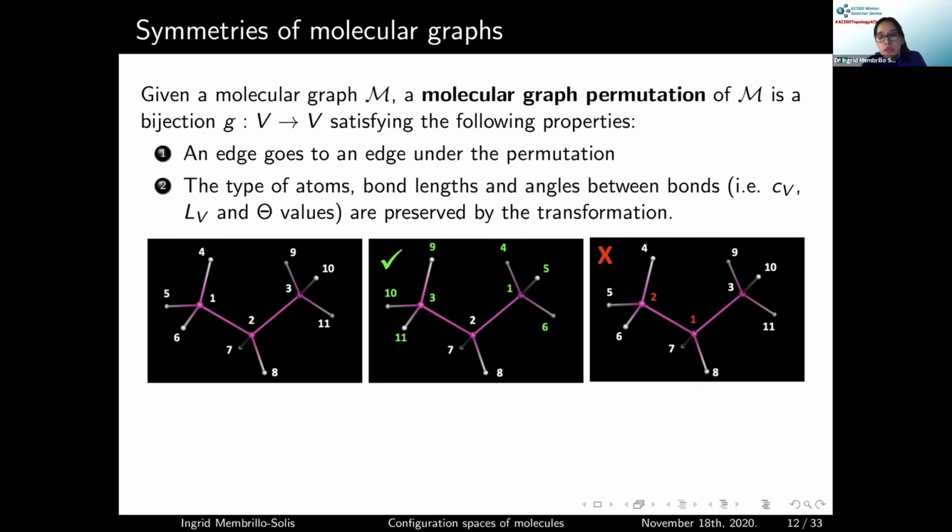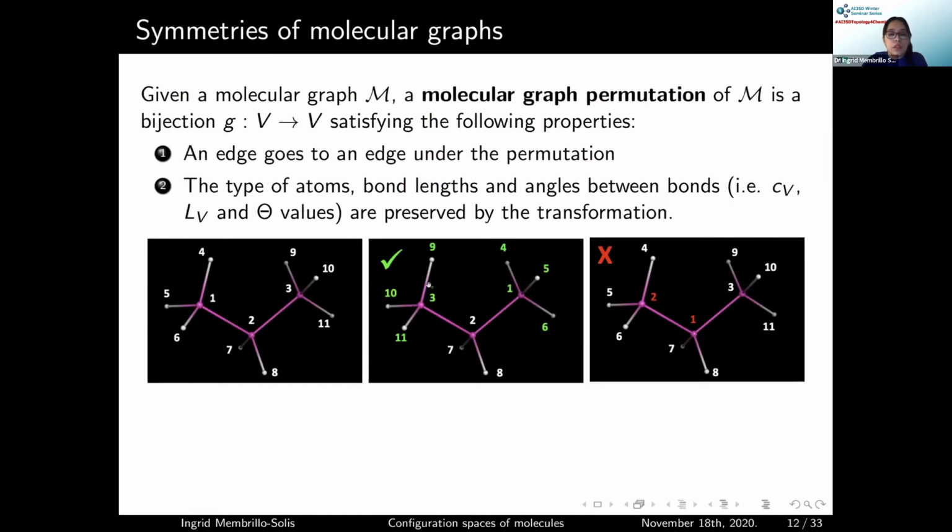Why is it a molecular graph permutation? Well, we can see that the atoms in positions 1 and 3 have a valency degree of 3, so it preserves the valency under the permutation. Also, we are swapping carbons, and in the case of the hydrogens, we are just exchanging hydrogens for hydrogens.